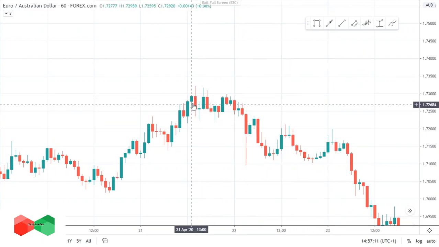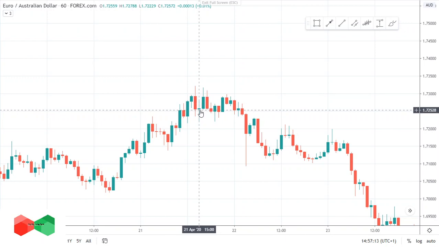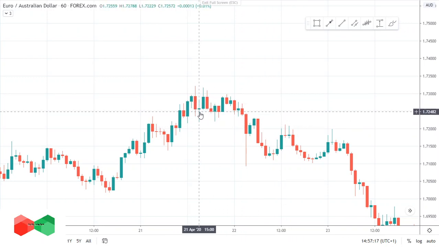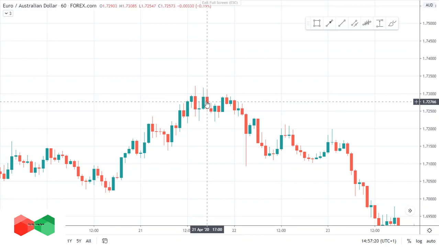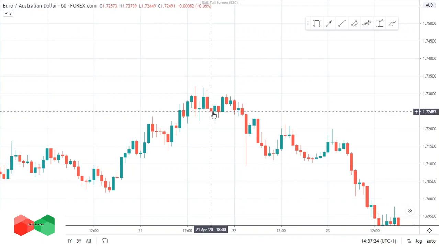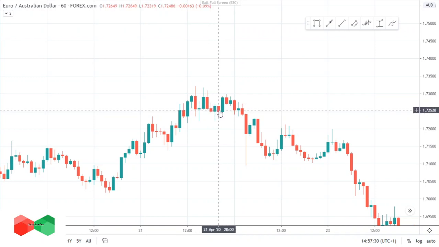But then when you follow this along, you see it's not really dropping that much. If you were watching this in real time, every hour, you'd think, oh, it's gone back up, maybe it's not dropping as we thought. Then you get a small engulfing pattern here, and another large engulfing pattern here.